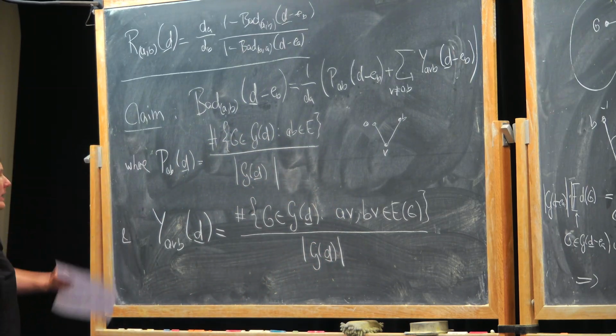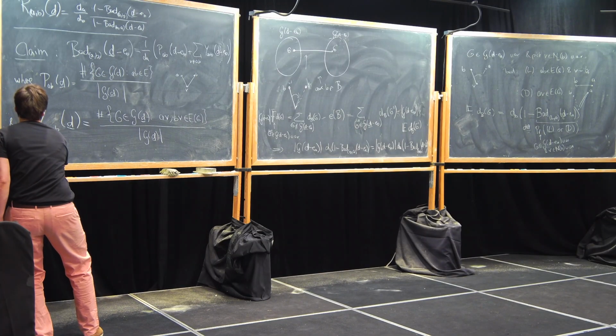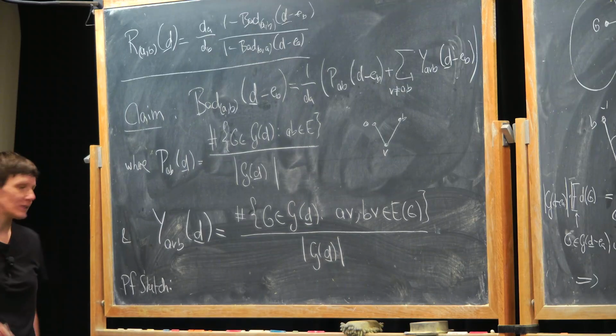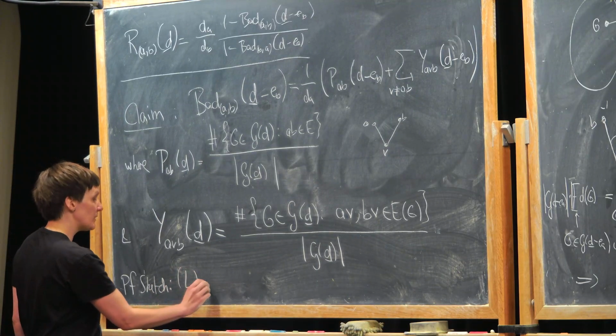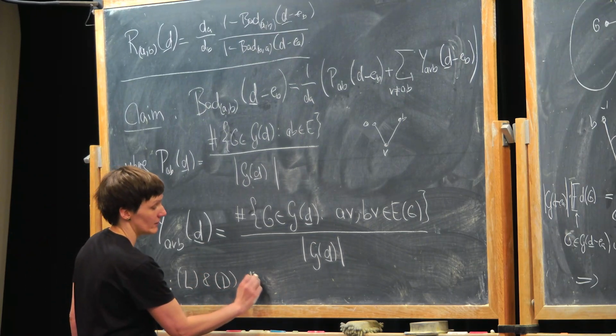Okay. Why would that be true? So, proof sketch. There are two things you need to notice. Well, the first is that these two events L and D, they are actually disjoint.